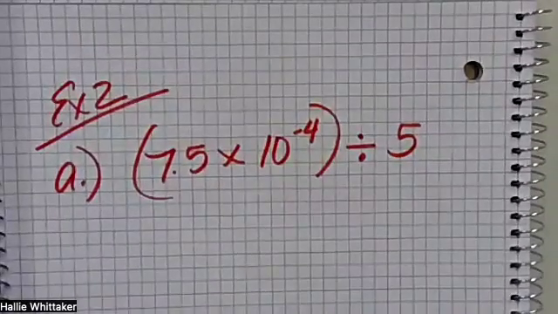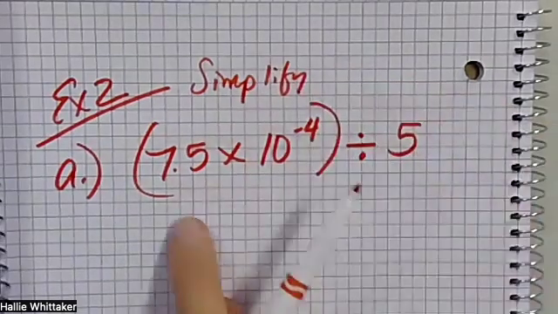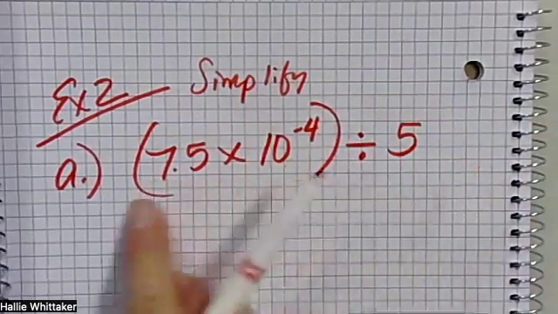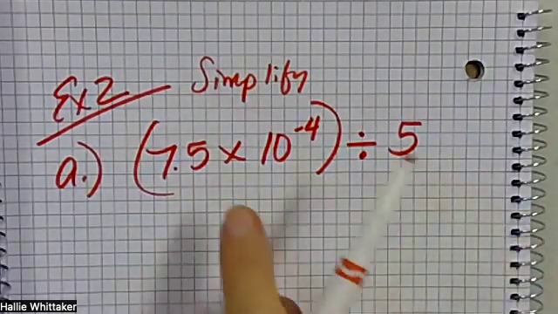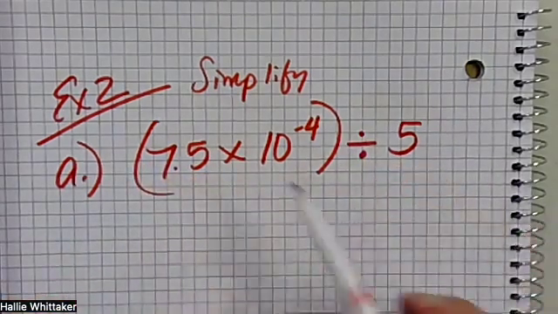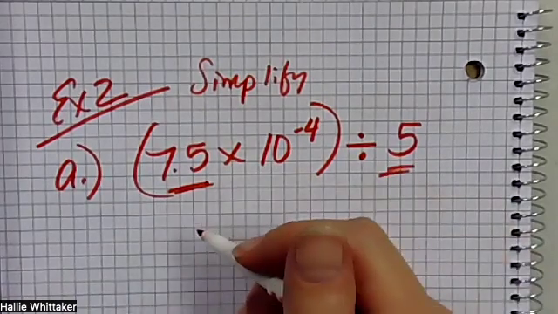Okay, let's say you're asked to simplify something like this. 7.5 times 10 to the negative 4, this scientific notation, divided by 5. It's all a matter of kind of like terms. You're going to take the integer and divide it by the integer. So what is 7.5 divided by 5? You want to put it in your calculators, do it by hand.